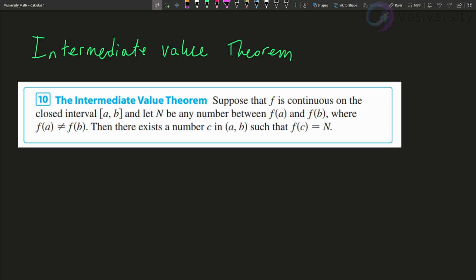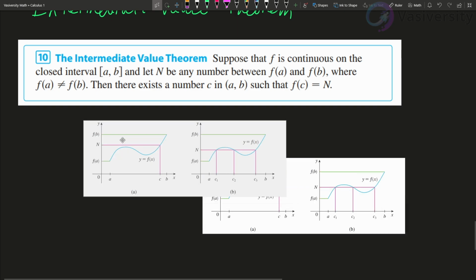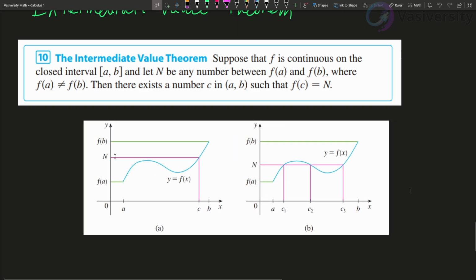So here we can have a very nice illustration. Here are two graphs. We are in between f of a and f of b. This is our interval, and the value n is in between. That means there should be a way for us to reach that value; there is no other way around. A classic example is just a regular function.